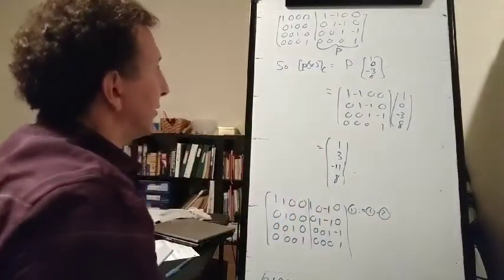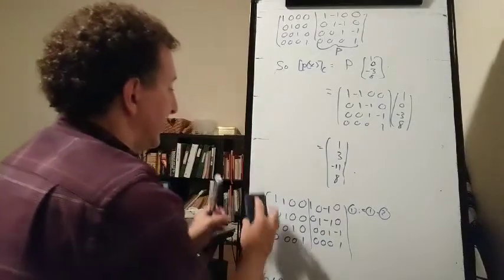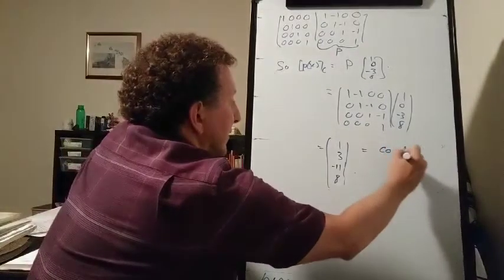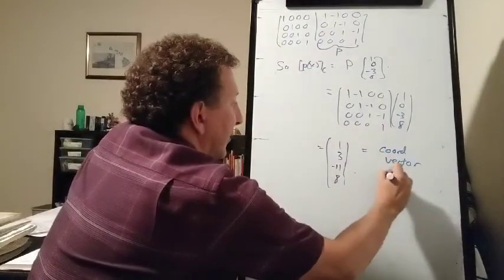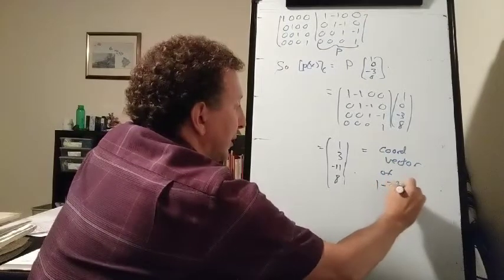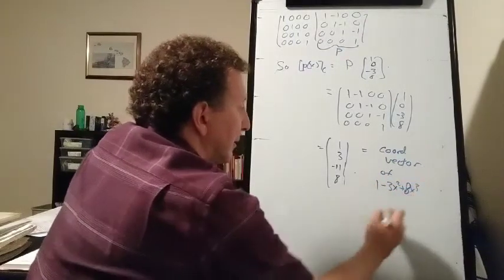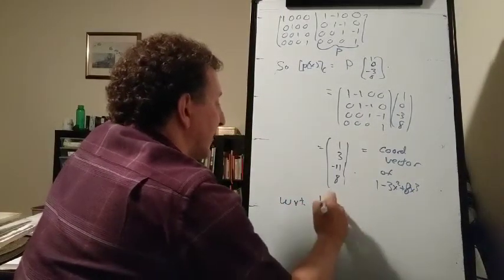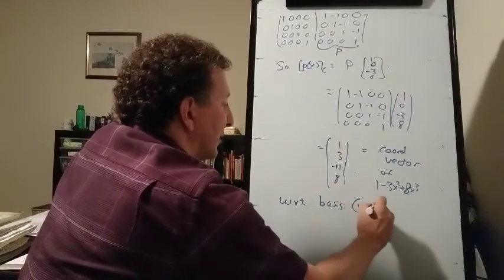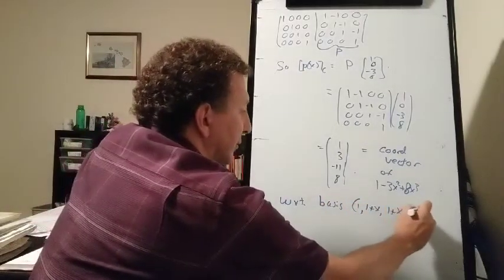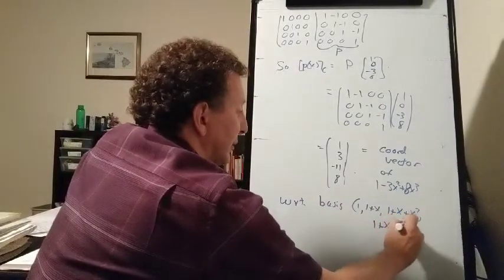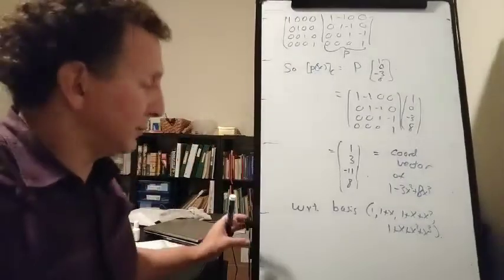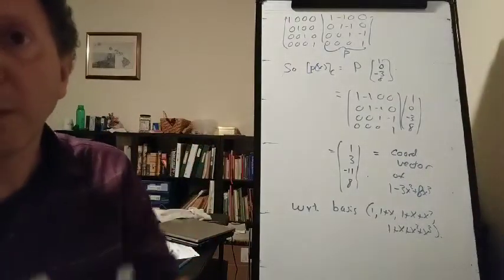So this is the coordinate vector of 1 minus 3x squared plus 8x cubed with respect to the basis 1, 1 plus x, 1 plus x squared, 1 plus x squared plus x cubed. The end.